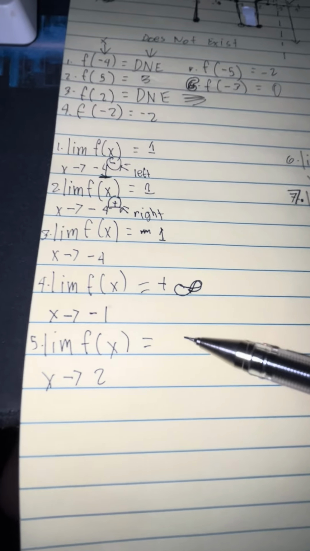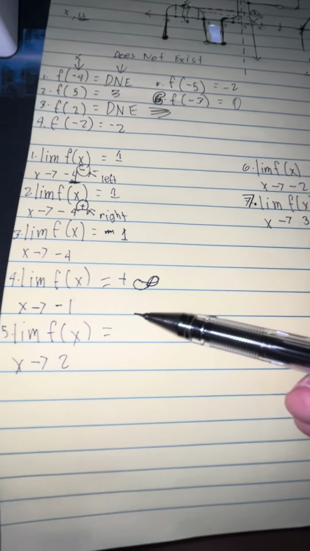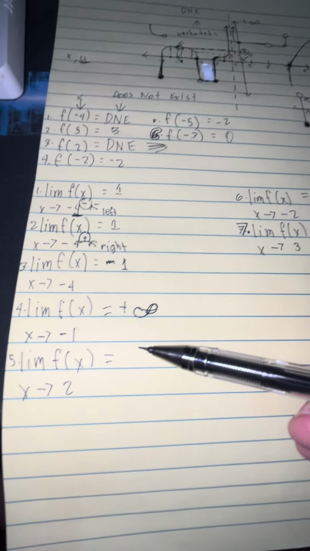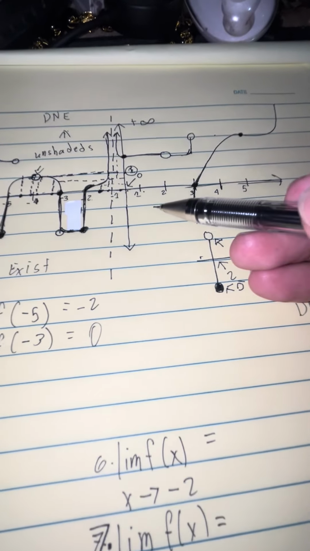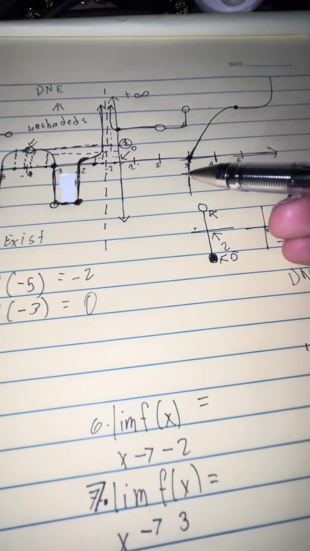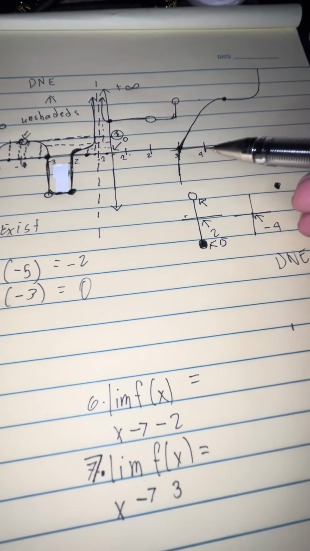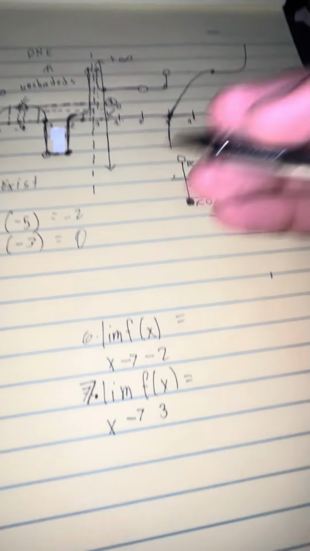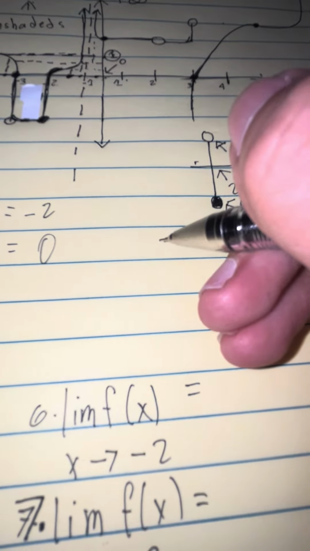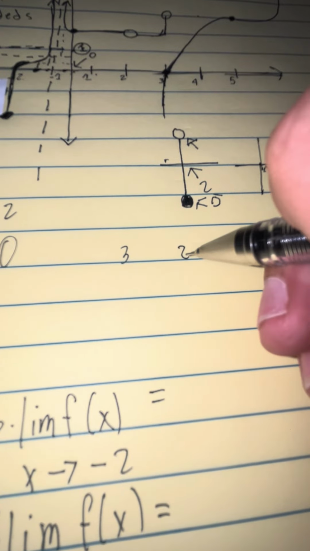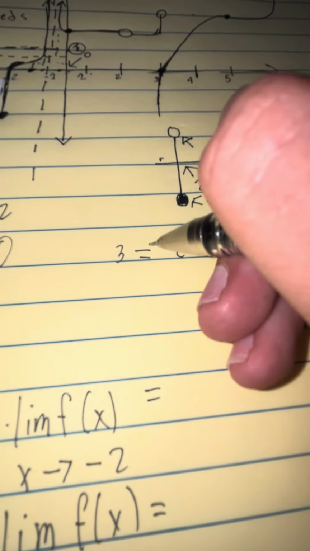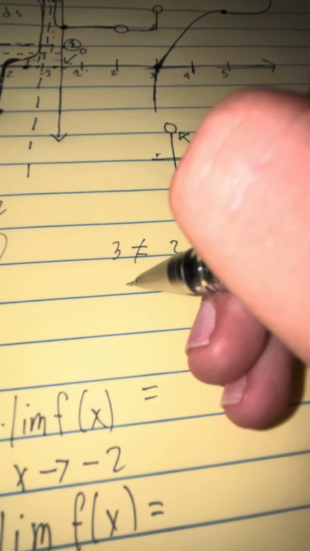No. If it's looking for the limit, it's only DNE, or does not exist, if and only if your answers from the left and your answers from the right are dissimilar. So for example, if from the left your answer was 3 and from the right your answer was 2, now these are not equal. So that means it is DNE.